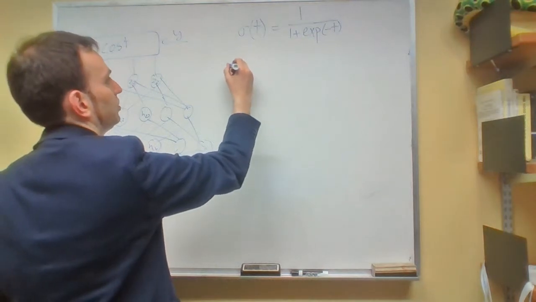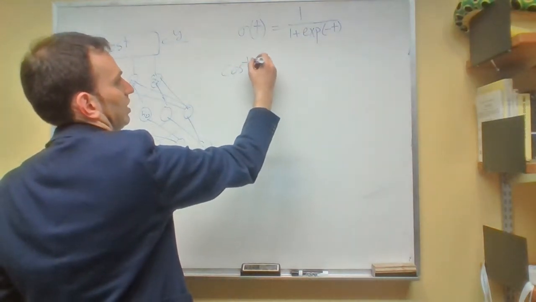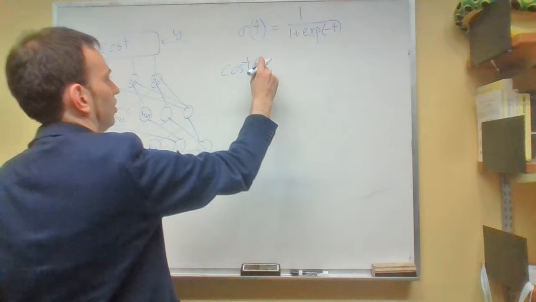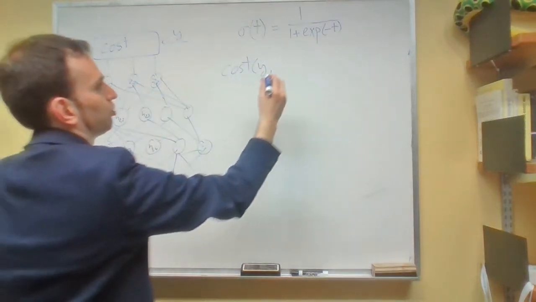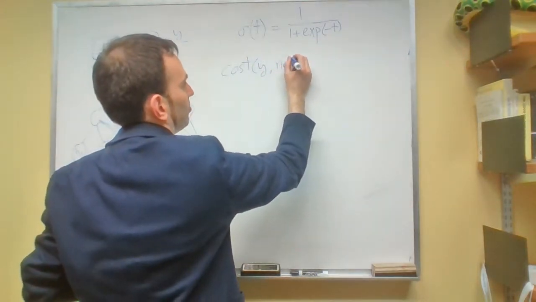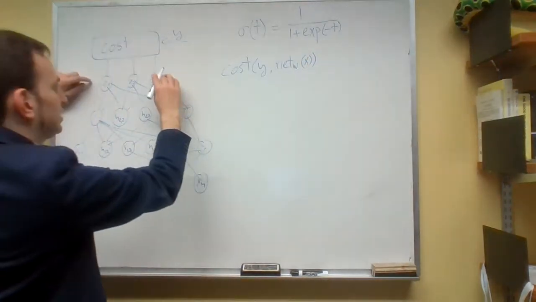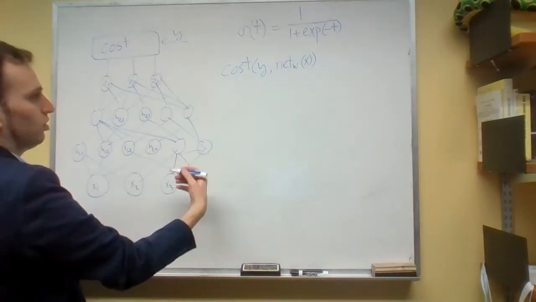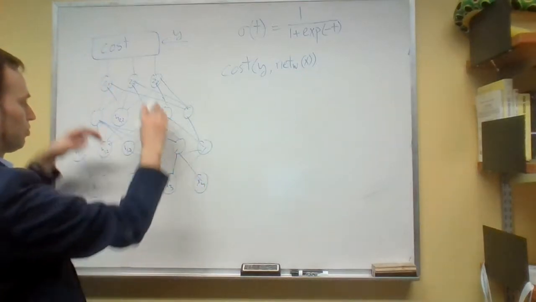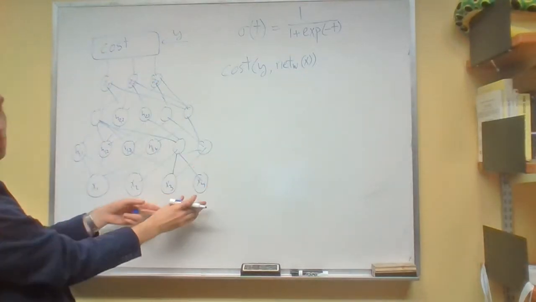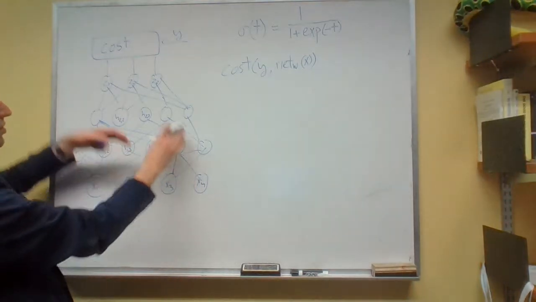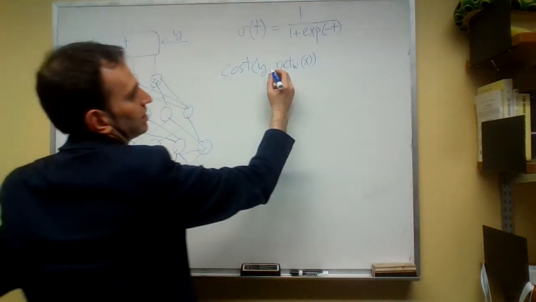So we'll compute cost, and it's going to be a function of the y and also of the z, which we'll call net w of x. So z is net w of x. Why is that? Well, because in order to compute the z, what you need to do is plug the x into the network and get the z's. Hence, net w of x.